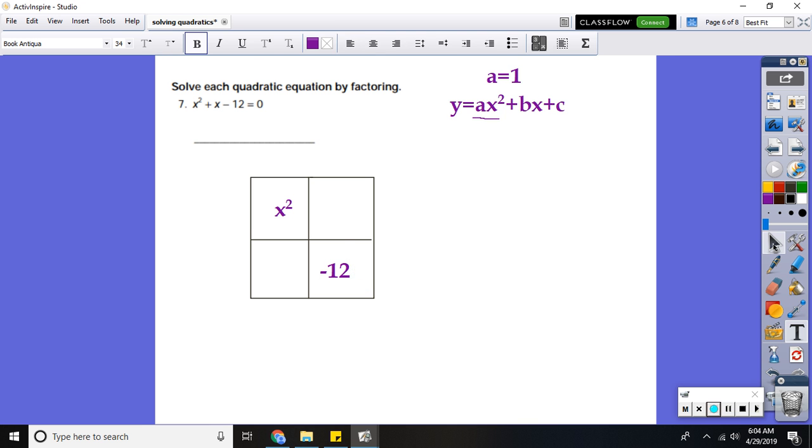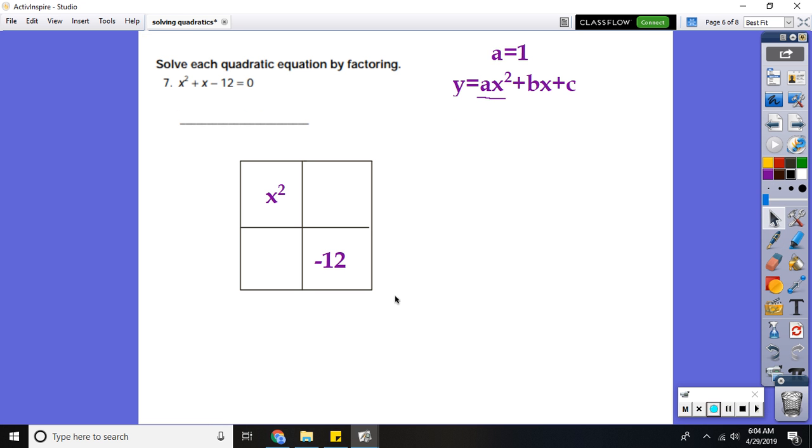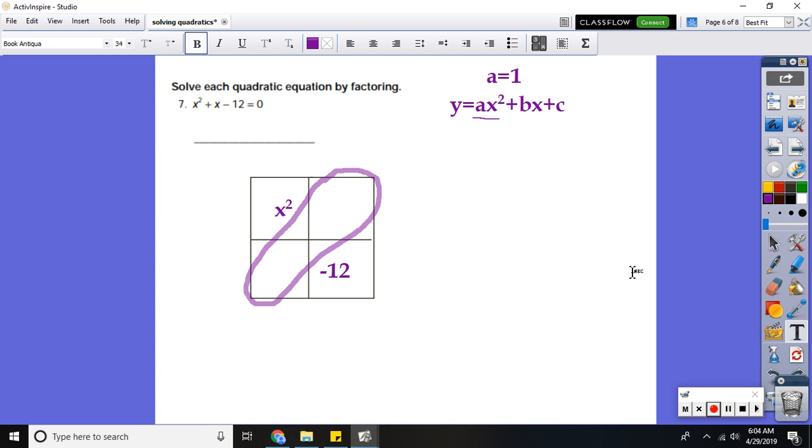The other patterns that we've noticed that help us factor are what happens with the two boxes that are empty here. These two boxes, if I have filled in my box correctly, will always have a sum and a product that are specific.